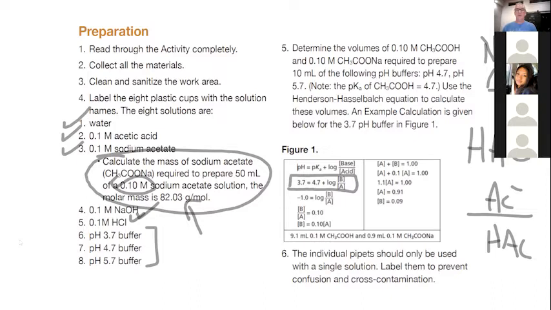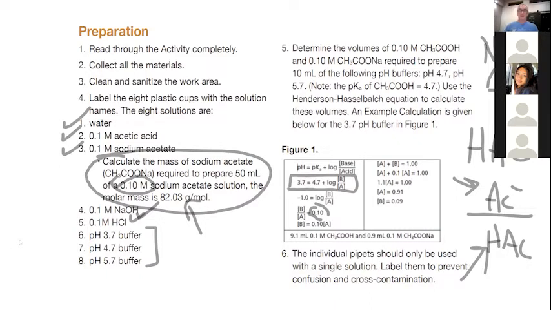But at 3.7, the log of acetate over acid has to be -1. What does that mean? Well, 10 to the -1 power is equal to 0.10. So the ratio of the conjugate base, which is acetate, to acetic acid is 1 to 10.